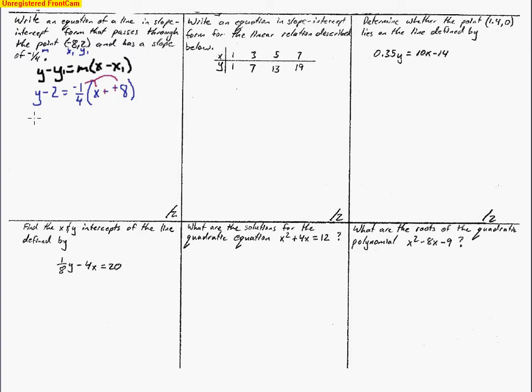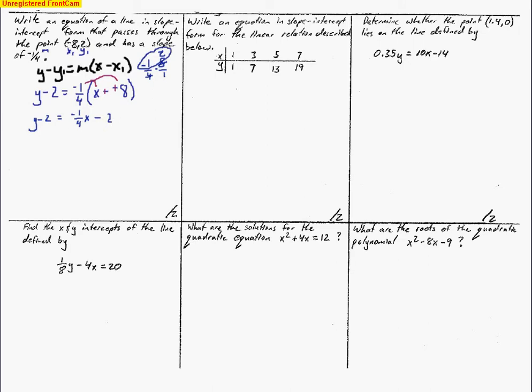And so we bring down our y minus 2. This now equals negative 1/4 x, minus, now careful with that sign, and think of 8 as a fraction. Think of it as 8 over 1. It's a negative 1/4. So 4 goes into 8 2 times. You multiply across, you get negative 2. So that's why it's a minus 2 there.